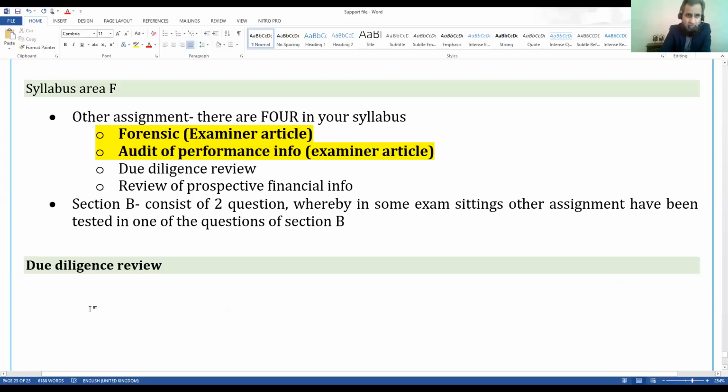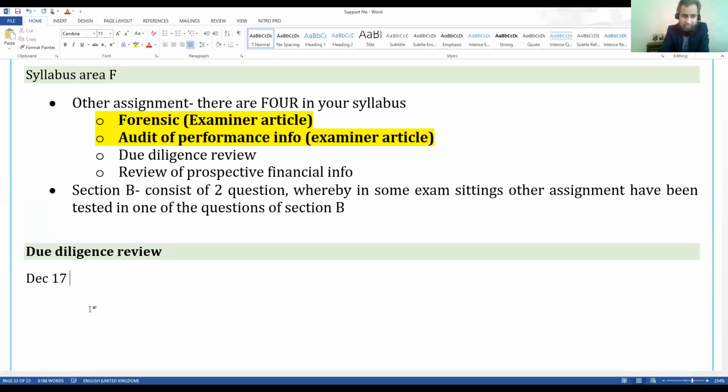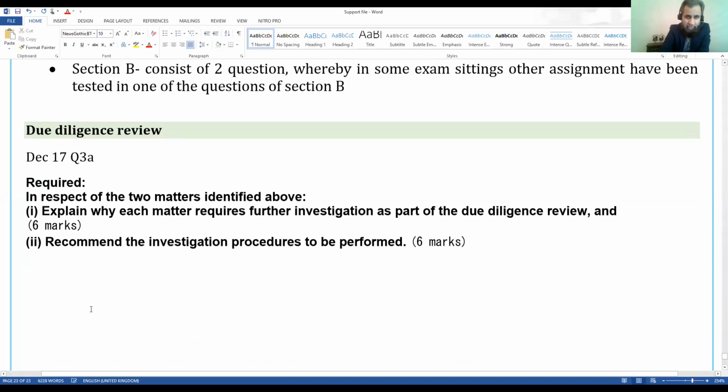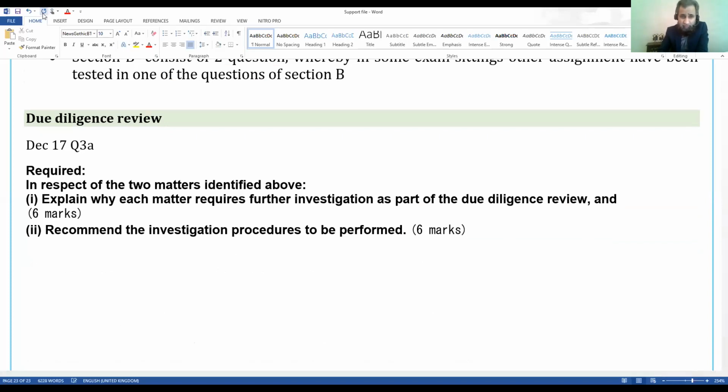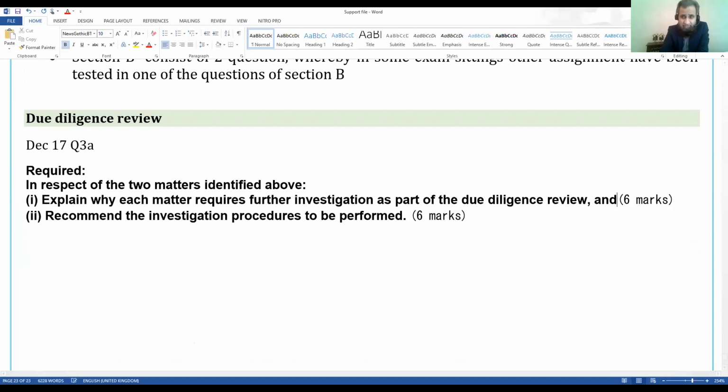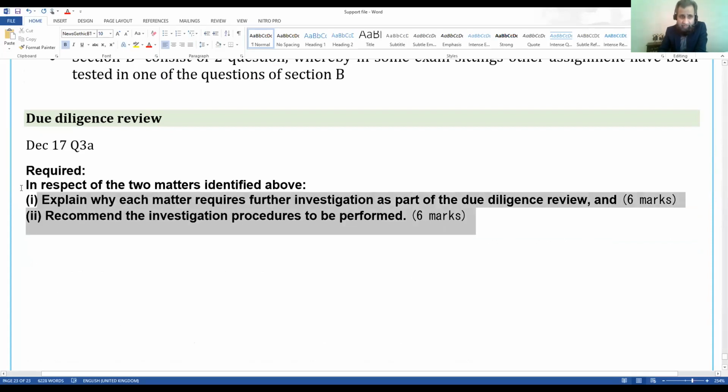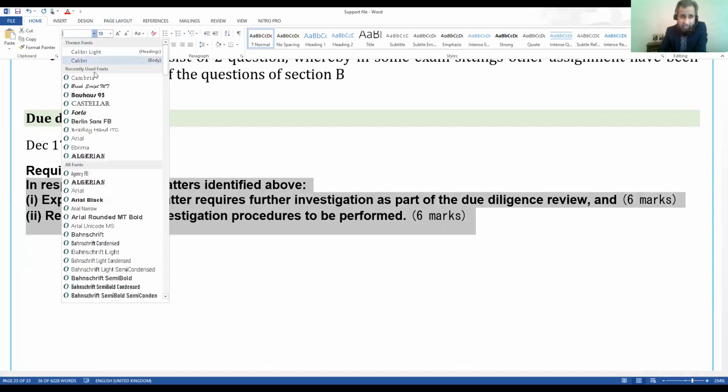For due diligence review, we're looking at the December 17 question number 3A first, and we'll go to the knowledge thereafter. Now, when you look at the requirement for due diligence review, it says, in respect of the 2 matters identified above, explain why each matter requires further investigation and recommend the procedures to be performed. 6 and 6 marks are allocated.